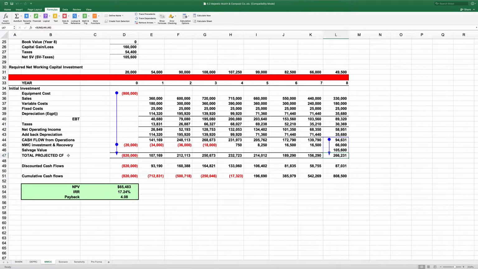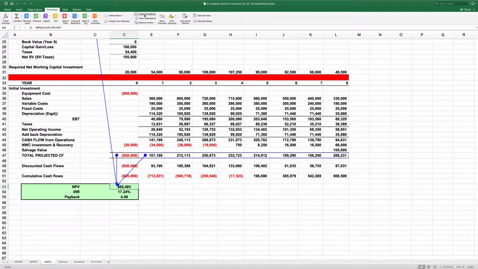Now we do the calculation of the investment rule, net present value. Let's look at the cell D53. D53 is equal to NPV, parenthesis, C11.